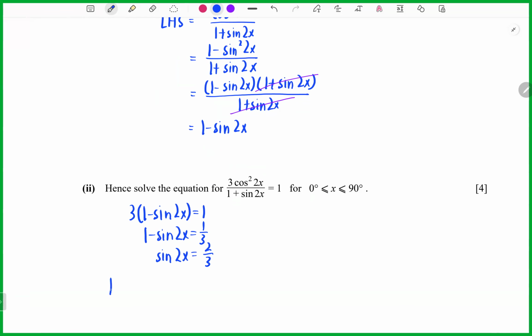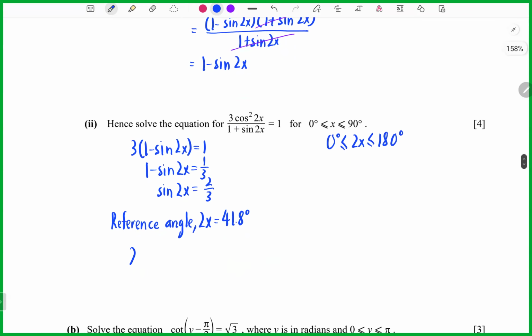Now we can find the reference angle. 2x equals the inverse sine of 2 over 3, in degrees, which equals 41.8 degrees. Because here is 2x, you need to find the angle up to 180 degrees. Because this is sine, you can find the angles in the first and second quadrant.